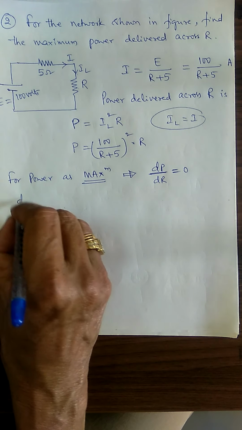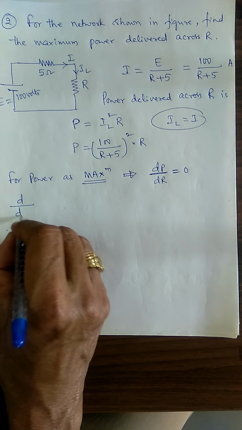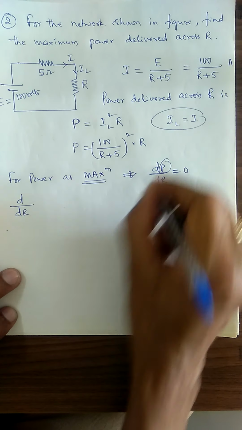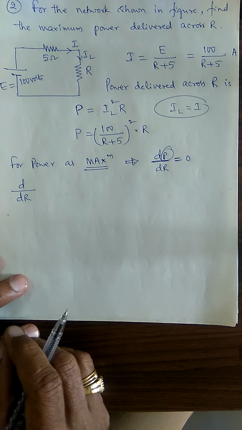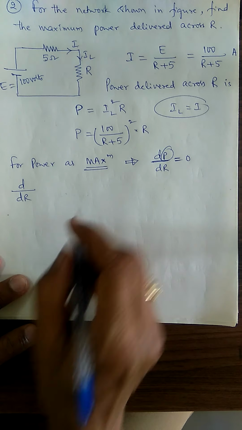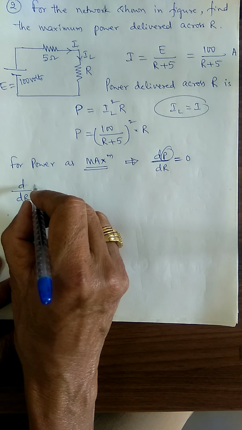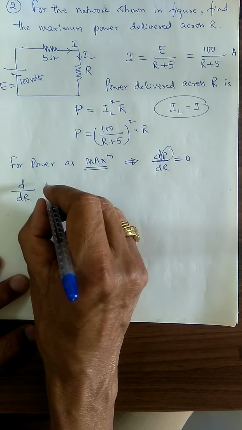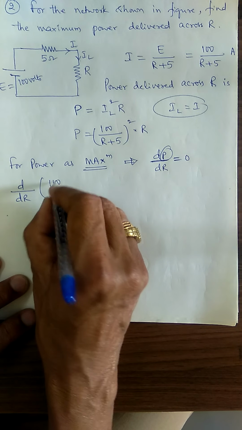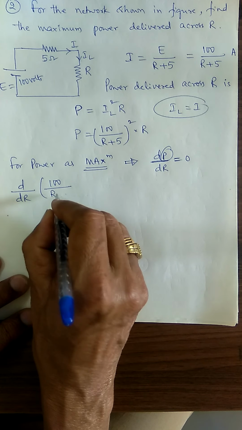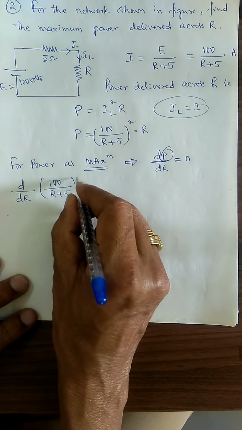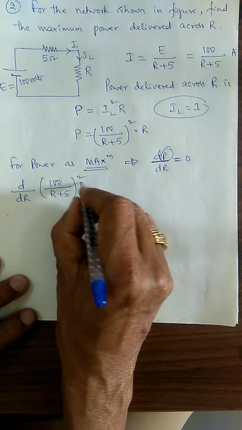Therefore, I am supposed to consider d by dR of P. d by dR of P, where the P value is 100 divided by R plus 5, that square, into R.